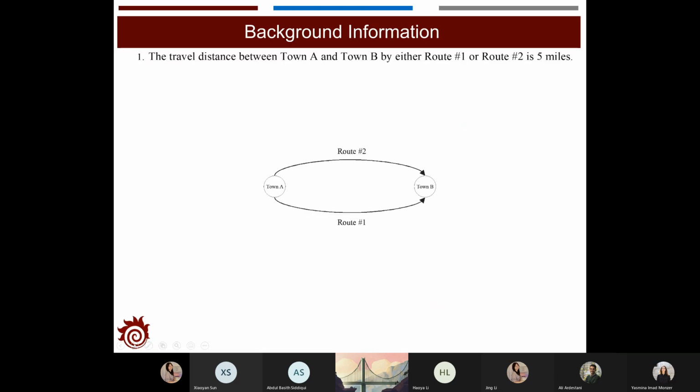We also have more information. The distance from A to B for both routes, Route 1 and Route 2, is 5 miles.